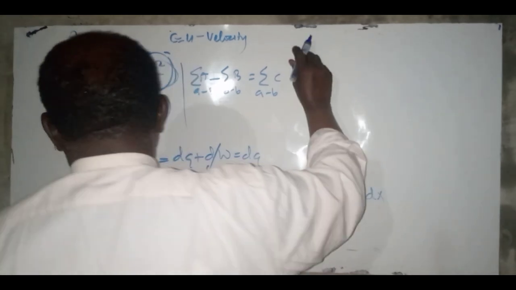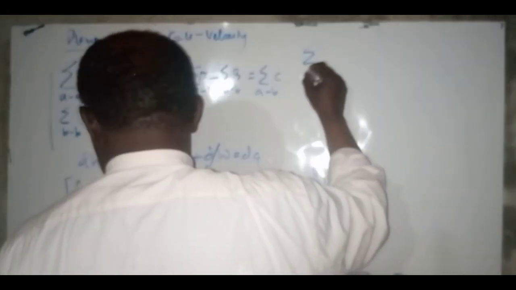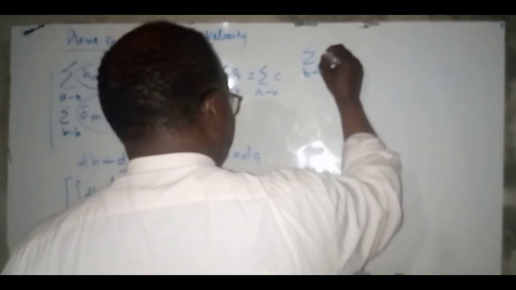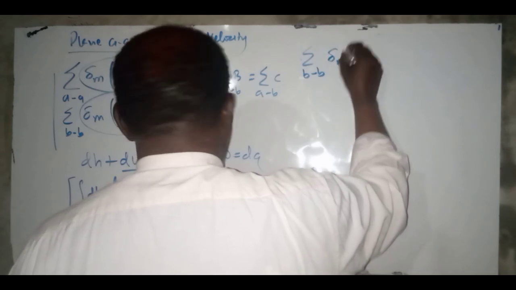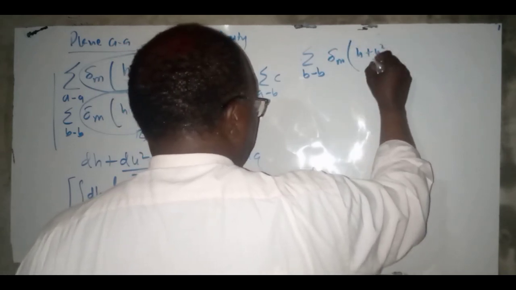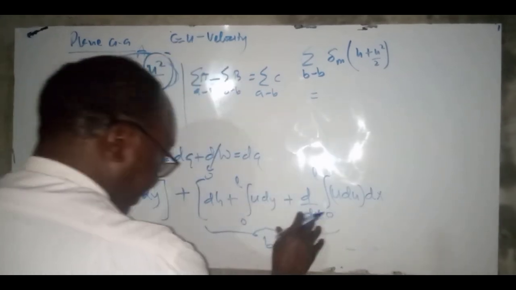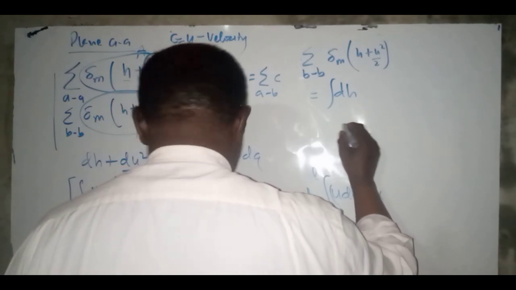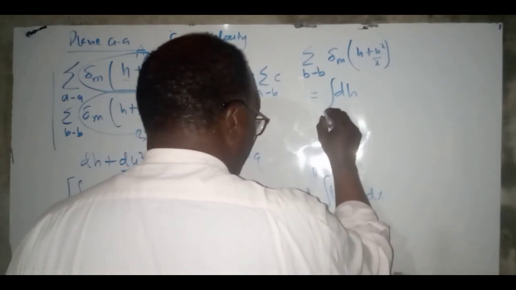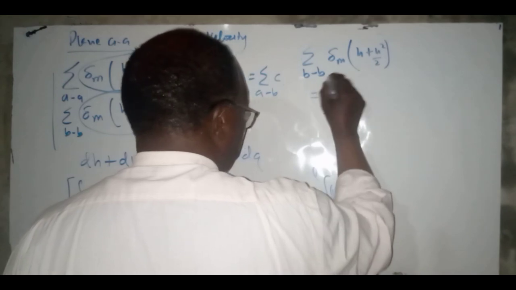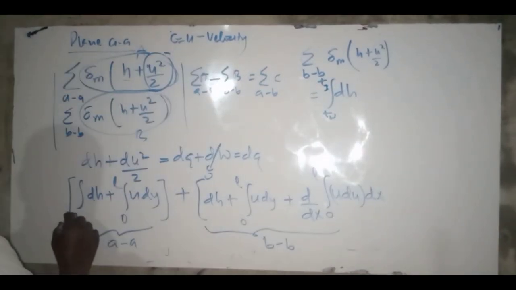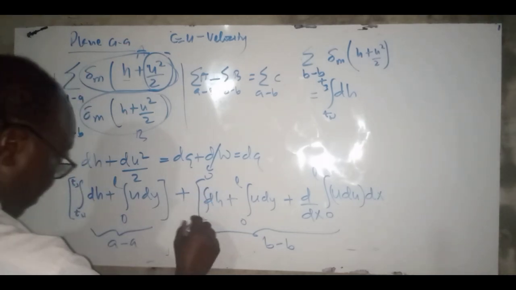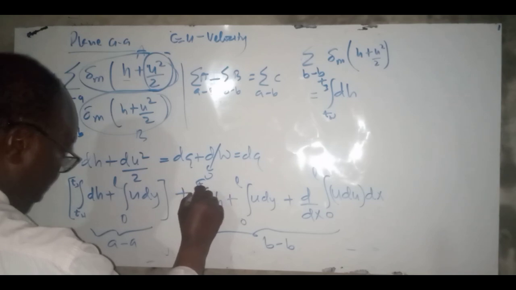Therefore, for BB, using still our identity, we have sigma m h plus u squared over 2. And now we know that it is the integral of dH, of course, from some temperature at the wall, let's call it TW, to T in solution, let's put the limits, TW, TS, the wall and the solution.